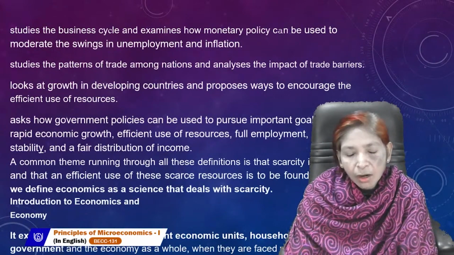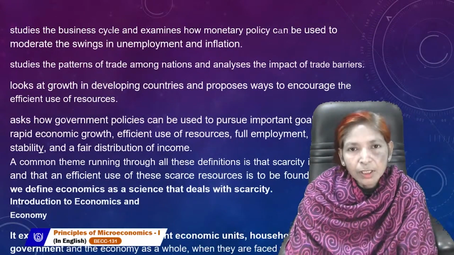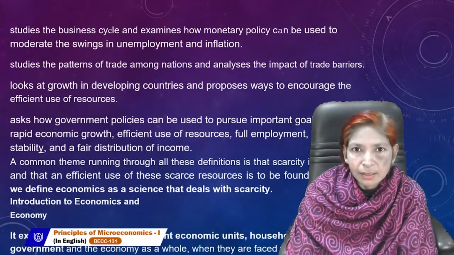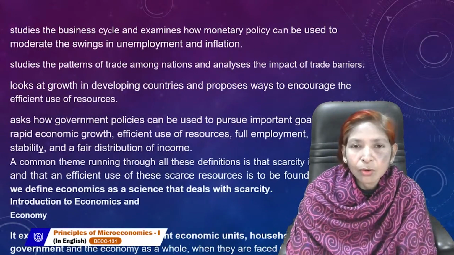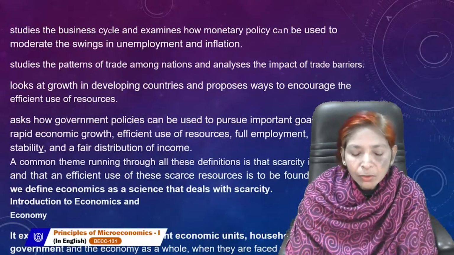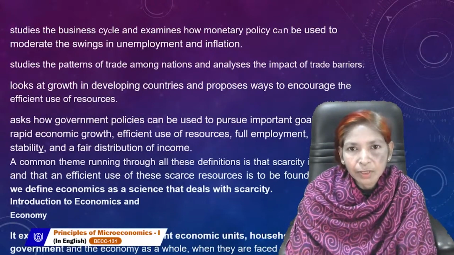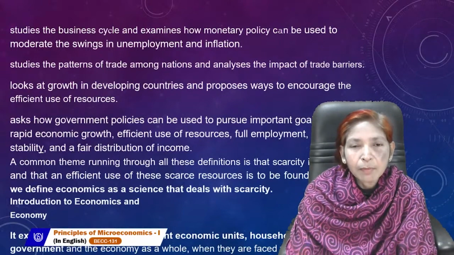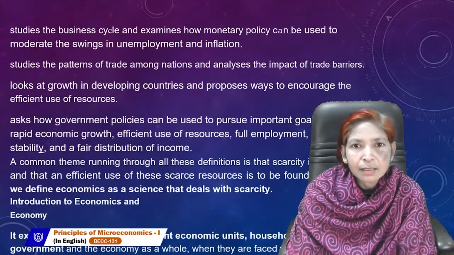As you know, economics is very wide, very broad. Economics has two branches: microeconomics and macroeconomics. The word microeconomics is derived from the Greek word mikros, M I K R O S. Mikros means small.